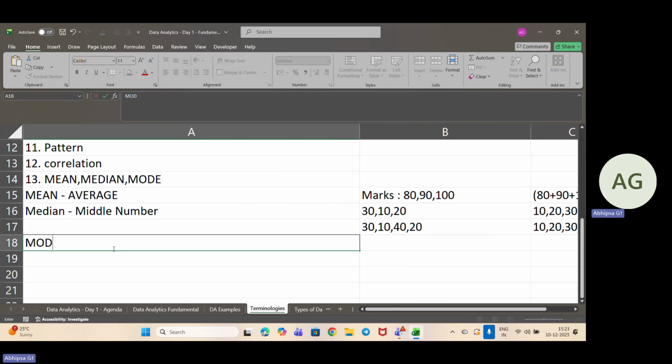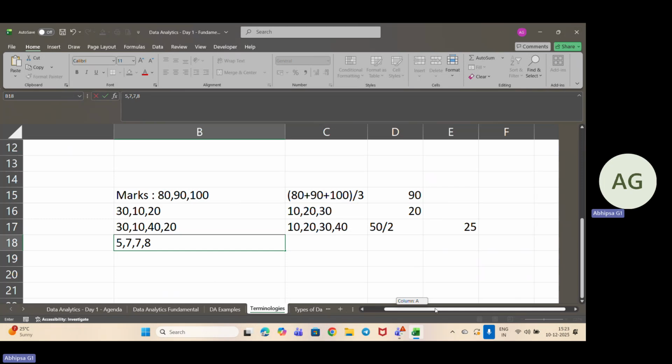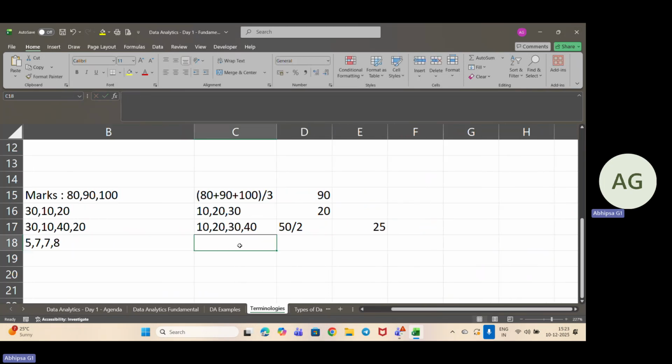What is mode? The repeated number. Okay, suppose we have the example set 5, 7, 7, 8, right? So here, if we are checking, 5 has come one time, right? 7 came two times, and 8 came one time.